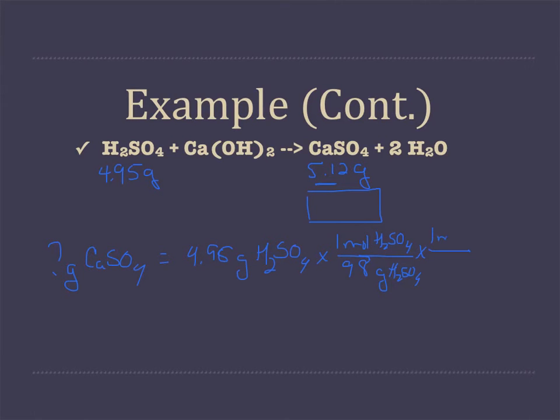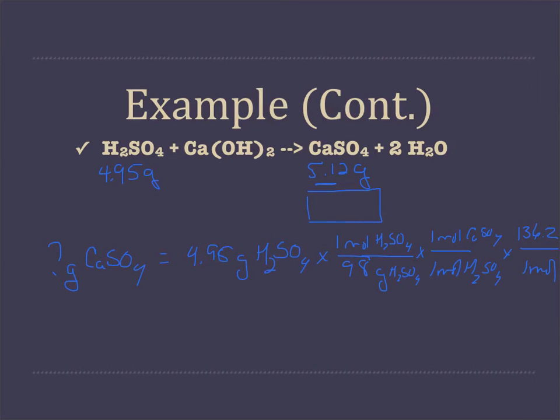So 1 mole CaSO4, 1 mole H2SO4. Run out of space here. And our last thing is we need to convert back to grams of CaSO4. And let's see, molar mass is 136.2 over 1 mole. Can't quite make it all on there.